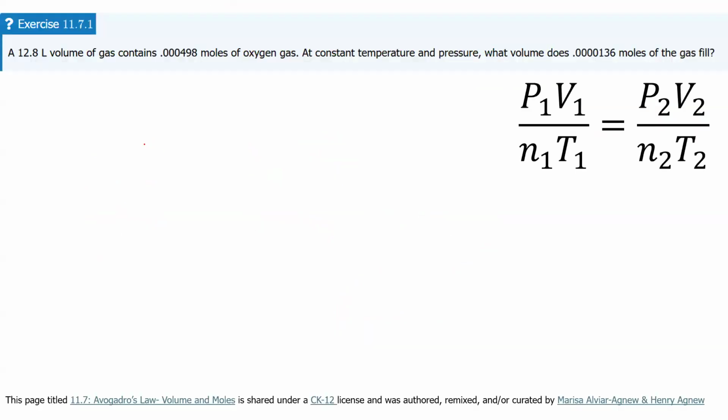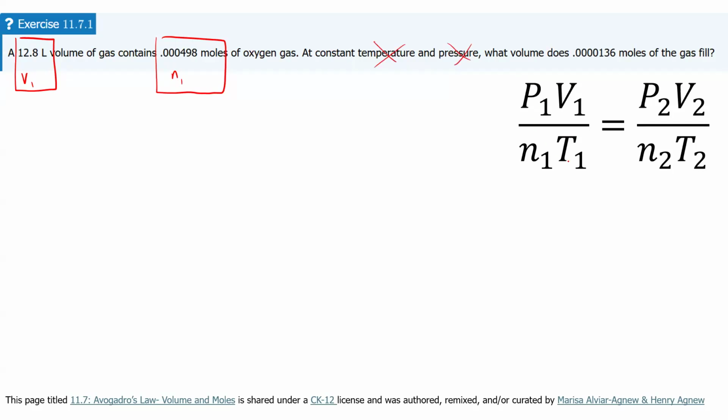All right, let's do another one. This again, we did this last chapter, but use a different equation. I'll show you how this is the same, and you can just use one equation instead of those 4. A 12.8 liter volume of gas contains this many moles, which is N1, at constant temperature and pressure.